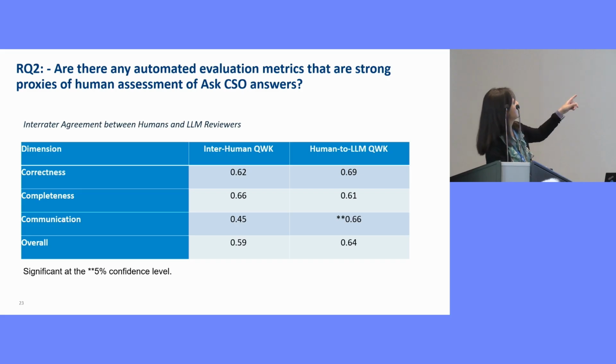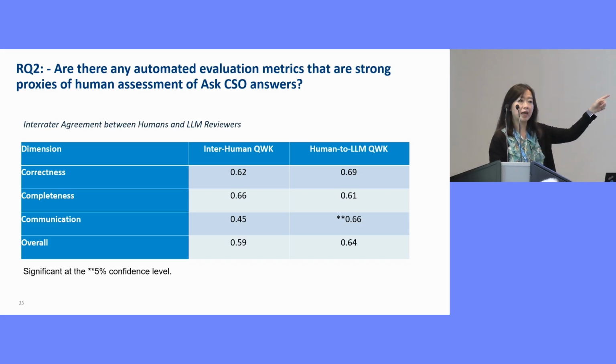How does the LLM-as-a-Judge perform? We evaluate using inter-rater reliability. We use QWK, the quadratic weighted kappa, to do that. First of all, we evaluate the human-to-human inter-rater reliability across the three domains and the overall domain. You can see the range.